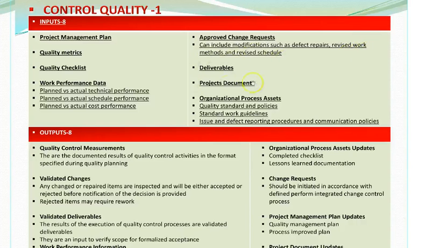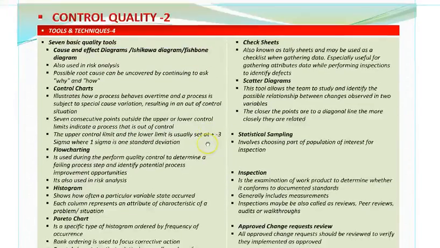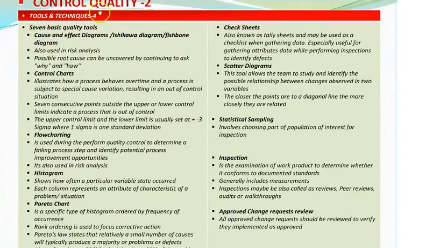Then we have the deliverables. After deliverables, we have project documents as an input, and then finally we have the organizational process assets input, which include the quality standards and policies, standard work guidelines, issue and defect reporting procedures, and communication policies. So let's look into the tools and techniques. This is where we have 4 tools and techniques.